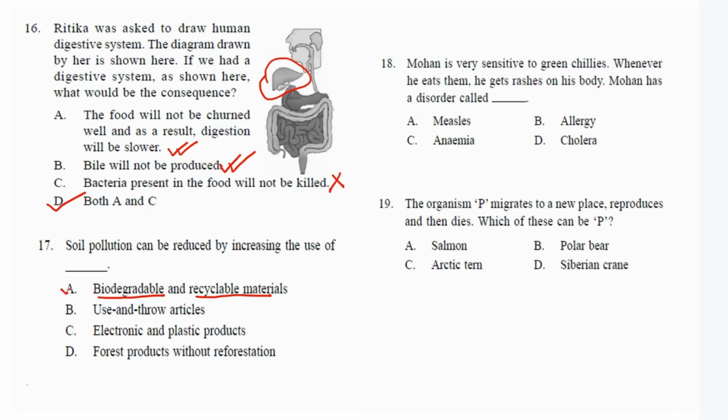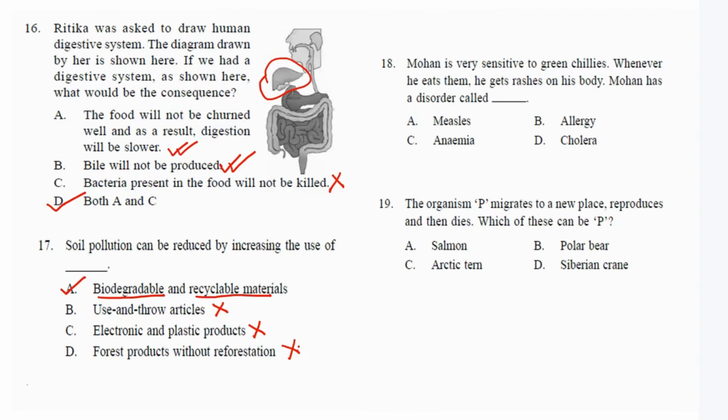So the correct option will be A. Use and throw articles, this is wrong. Electronic and plastic products are not biodegradable, so this is also wrong. Forest products without reforestation, this is also wrong, right? So to reduce soil pollution, we have to use biodegradable and recyclable materials that are easily decomposed.